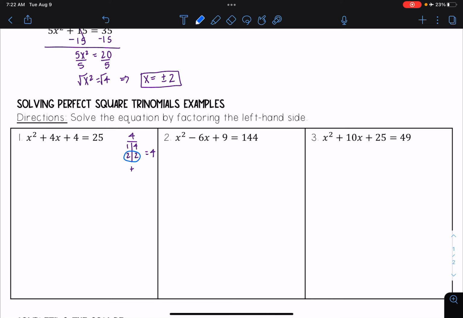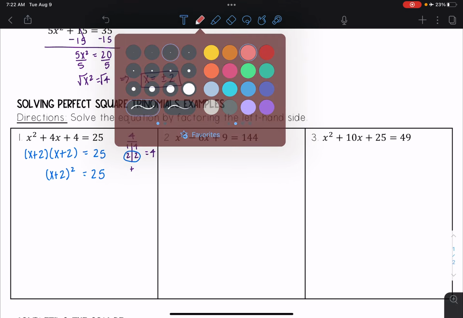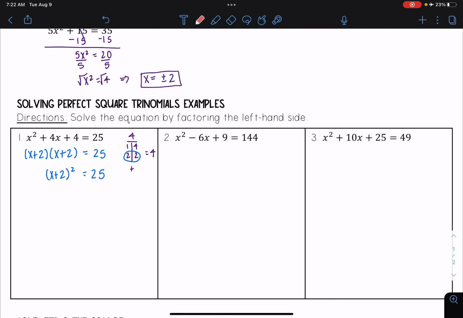So I can change the left-hand side to be x plus 2 times x plus 2 is equal to 25. Well, I'm really multiplying something by itself, and so I can rewrite this to say x plus 2 squared is equal to 25.